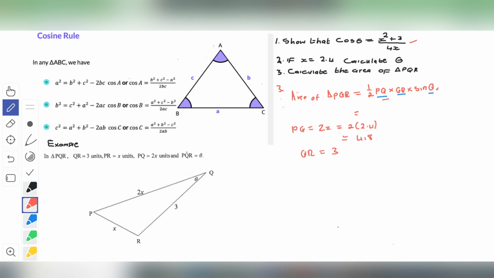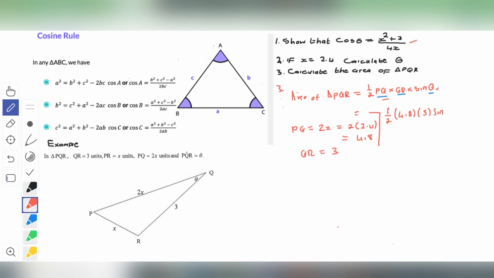So now we can calculate. We are going to have 1 all over 2. Our PQ is 4.8, right, and our QR is 3. Sine of, what is our theta?